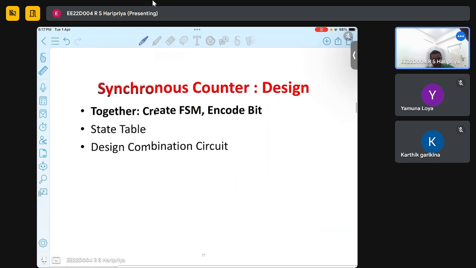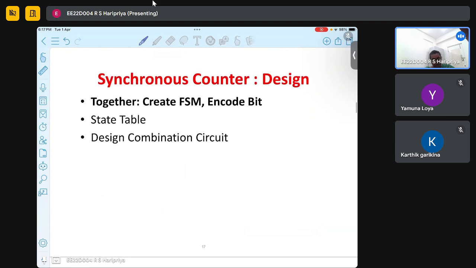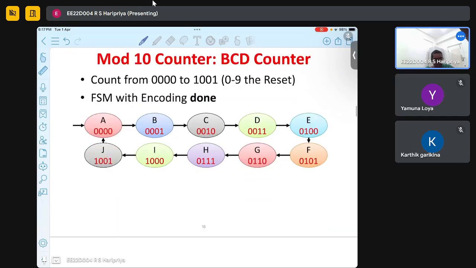So in the design we will create an FSM, do the encoding, then the state table, and then the combinational circuit. If you want a counter from 0 to 9, a BCD counter, this is the FSM and this is the encoding.